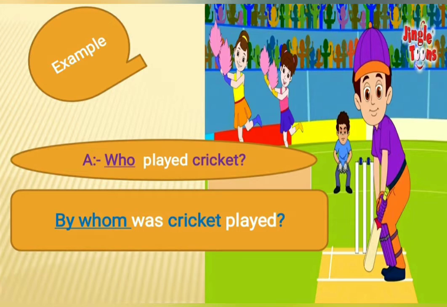So, we will consider it singular only and we will put was with the subject by whom. Now, according to passive structure, object should come, and here object is cricket, and the third form of played is played only. So, the passive of who played cricket is by whom was cricket played.